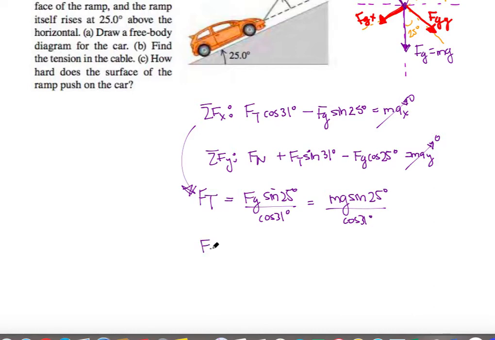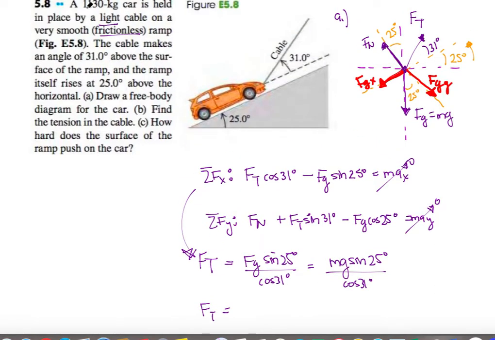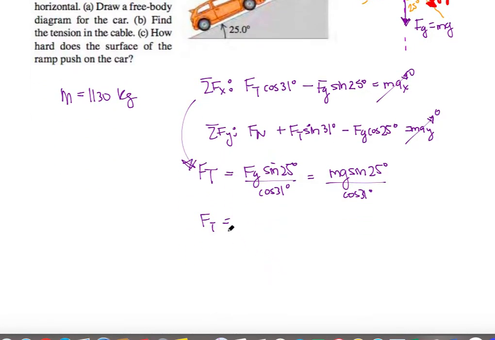So substituting values here, I have a mass of, I forgot to write this down, 1130 kilograms. So my force of tension is actually going to be 1130 times, again I'm using a calculator so I'm going to go ahead and use 9.8, times the sine of 25 degrees over the cosine of 31 degrees.